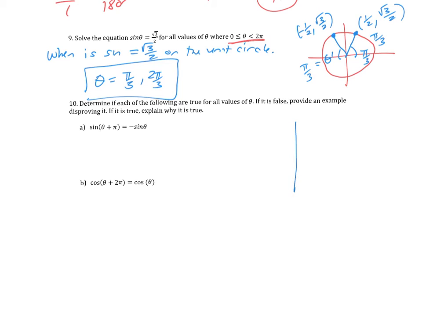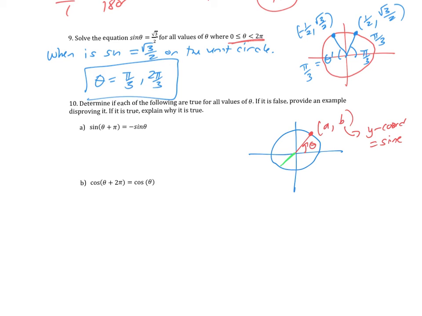So I'm going to sketch a unit circle. I'm going to pick some angle theta, and for convenience, I'll put that angle in the first quadrant. If I'm thinking about the point on the unit circle, let's say that coordinate is (a, b). Remember, the y coordinate is the sine value and the x coordinate is the cosine value. If we add pi to that angle, that means we're adding 180 degrees, so we're actually going across the origin.